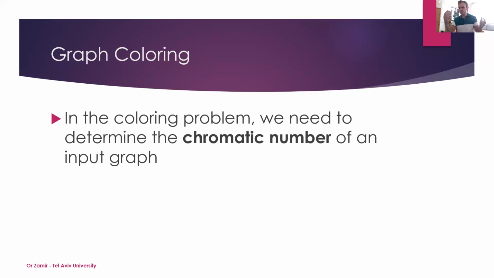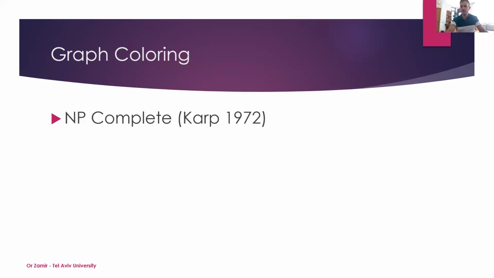But as before, we can still talk about the restricted versions. So for every k, the k coloring problem is the more restricted problem of just determining whether or not this graph is k colorable for this specific given k, and not just computing this coloring number.